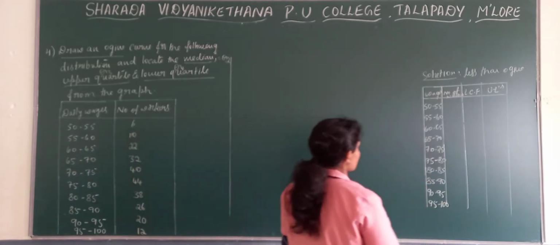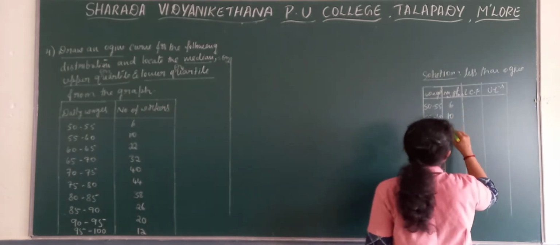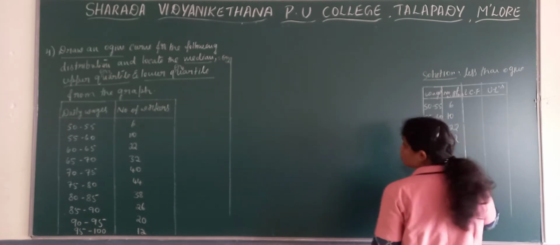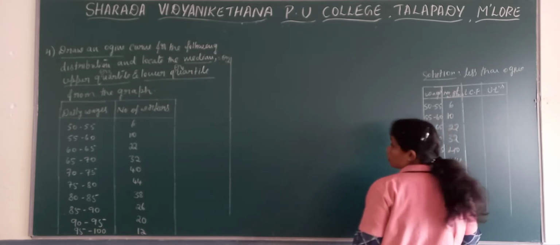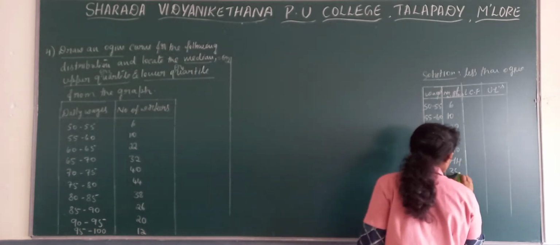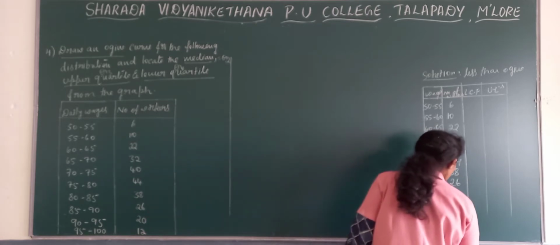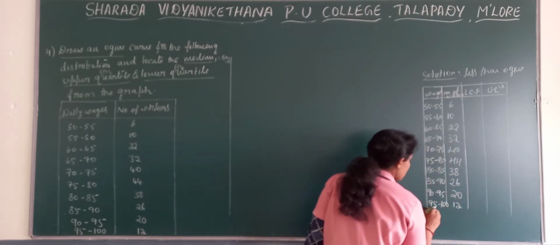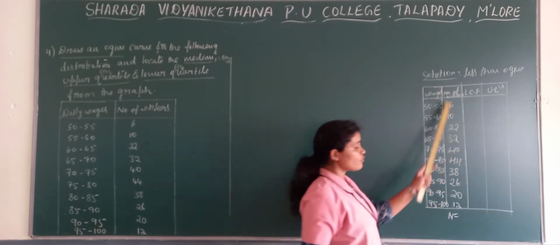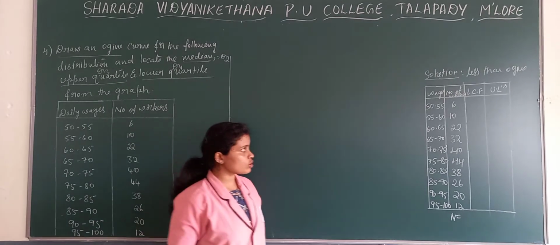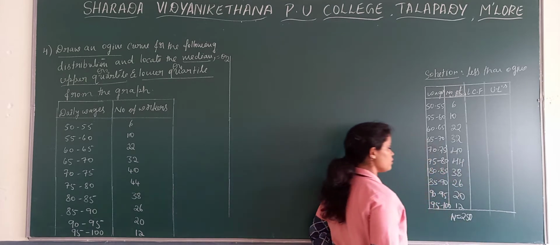Next we will take number of workers or frequencies: 6, 10, 22, 32, then 40, 44, then 38, 26, 20 and 12. Write here the total of the frequencies. Add this. When you add, you get 250.